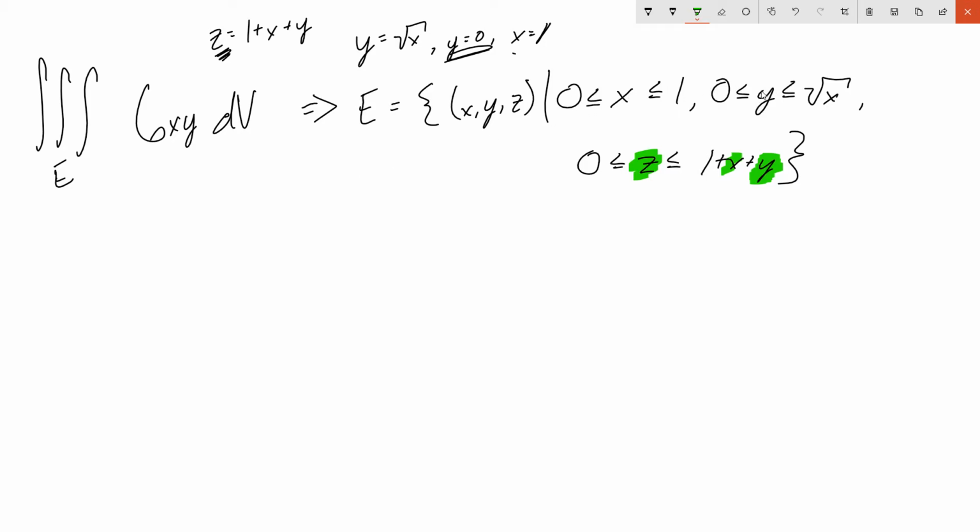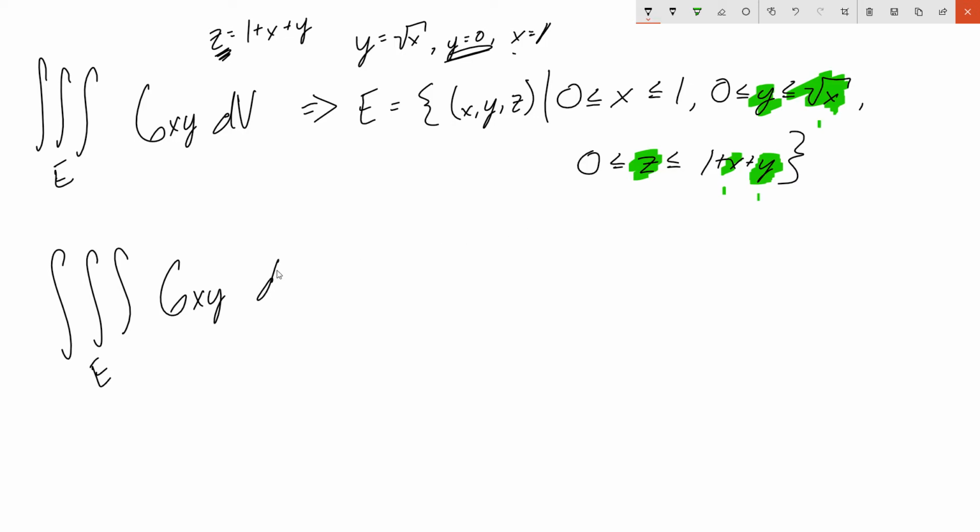And then again, y here, we're given in terms of x. X we're given in terms of numbers. So z has got two variables, y has the one variable, and x has no variables. So that's going to tell us that when we solve this, we're going to want to solve 6xy, dz, dy, dx.